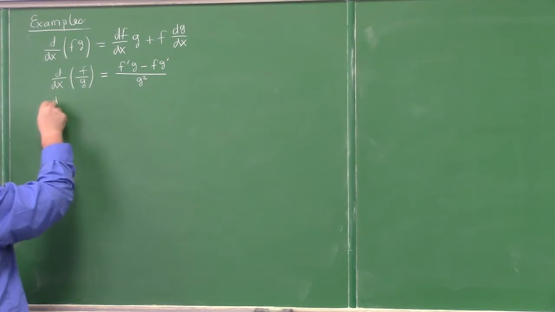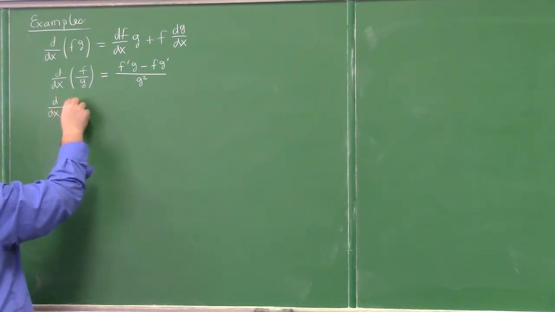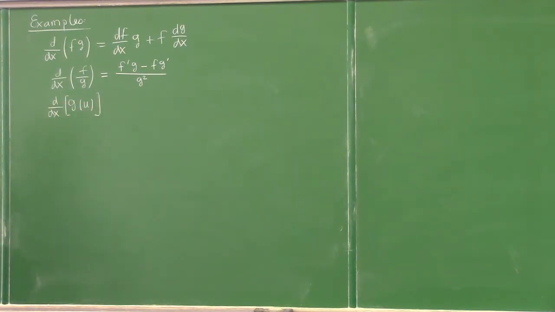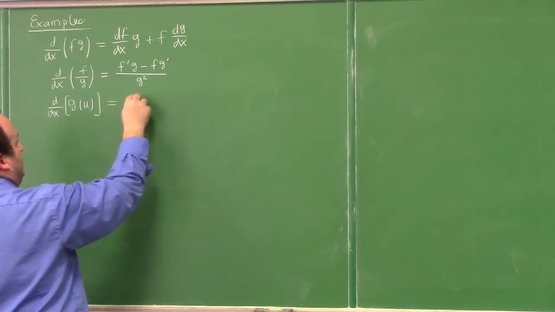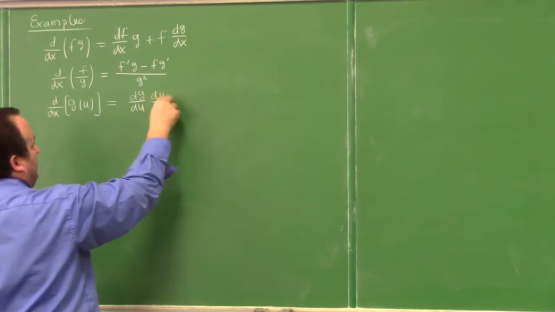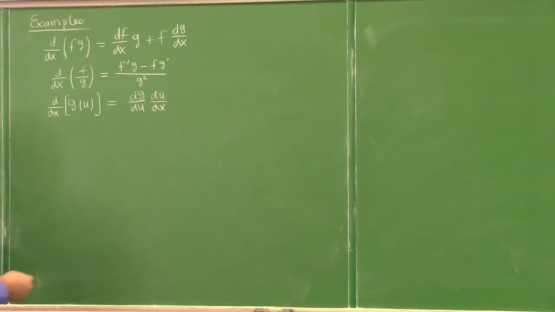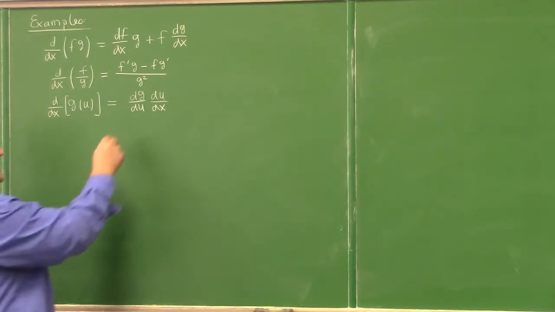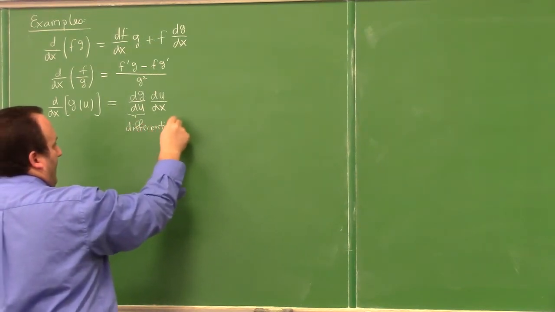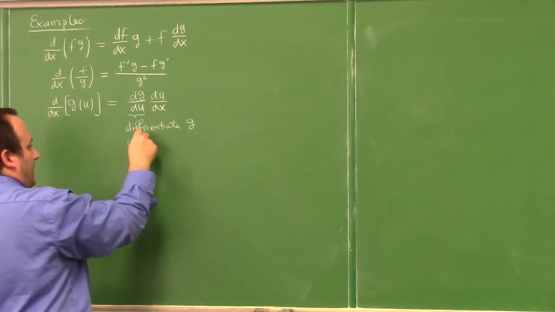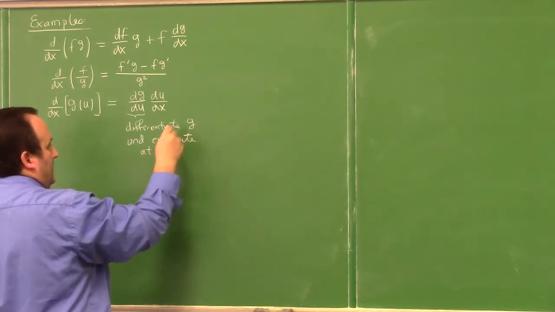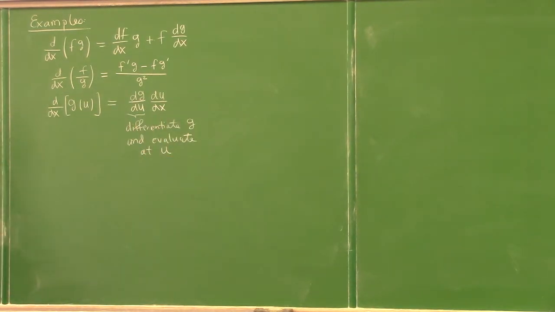So if we're differentiating g of u, so g is not a function of x but a function of u, then the way that works is we do dg du times du dx. What this notation means is differentiate g and evaluate at u. And of course, du dx is what it is.